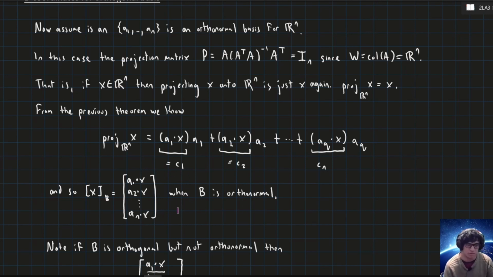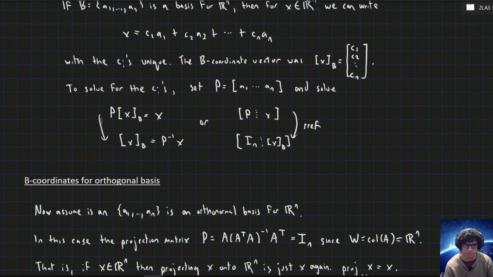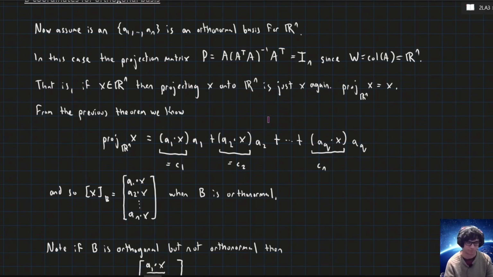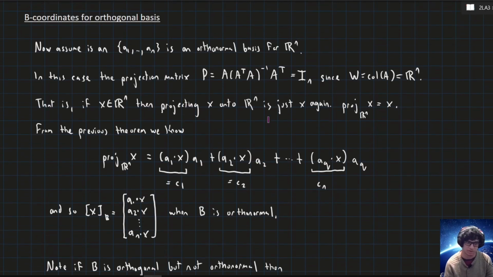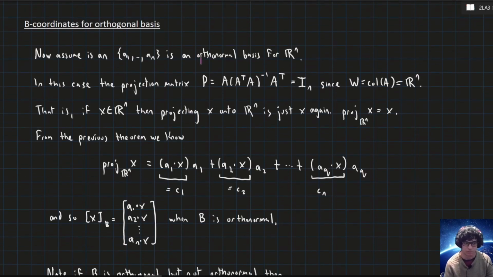So this is much simpler than inverting a matrix and multiplying it, and it's much simpler than computing the reduced row echelon form of this larger augmented matrix. Okay, so having an orthonormal basis makes computations like this much simpler.